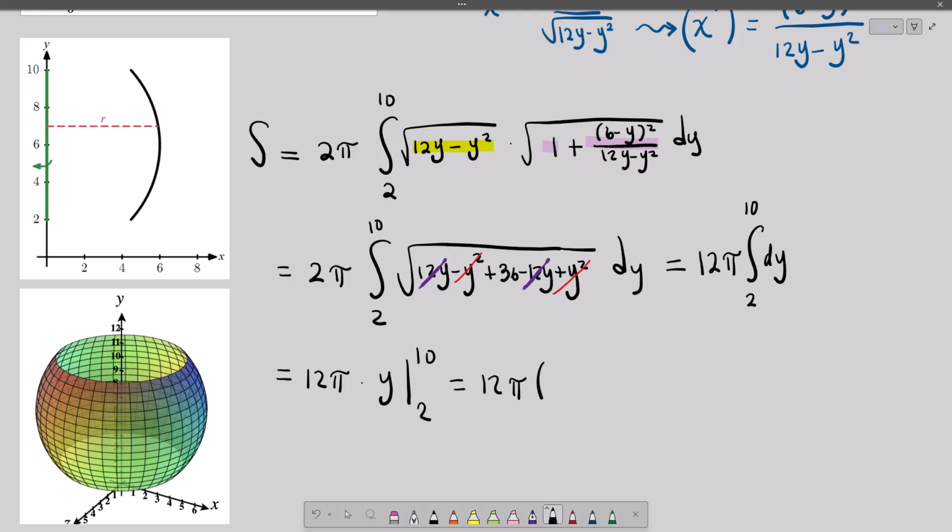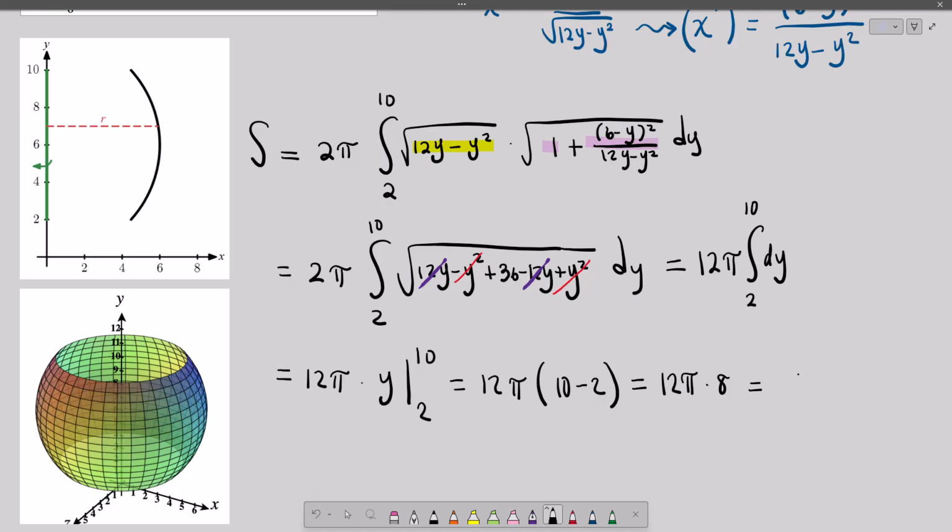But as we start to see this more and more, you realize that every time we integrate a differential, the result is just the length of the interval. So we would end up with 12 times pi times 8. That whole thing is just going to reduce to 10 minus 2.